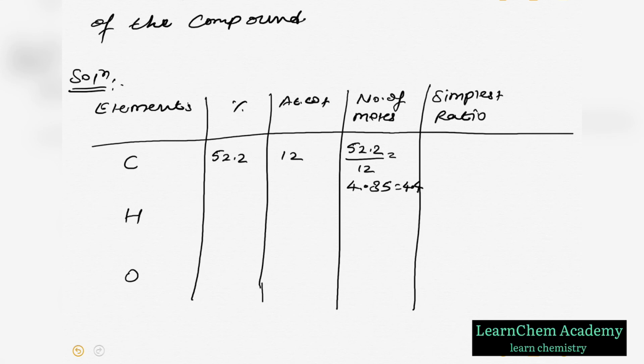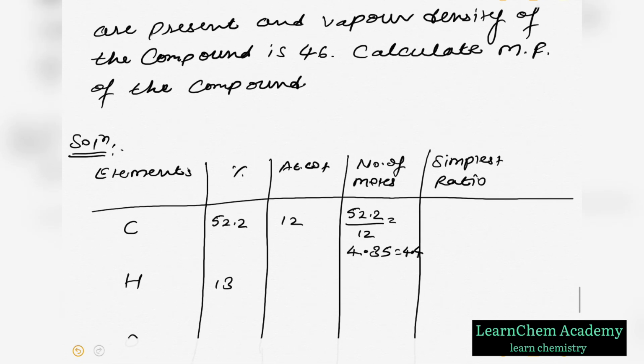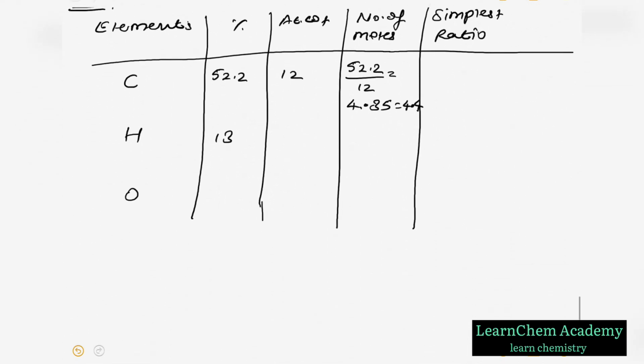Here we have 13% hydrogen and its atomic weight is 1, so 13 by 1 gives 13.